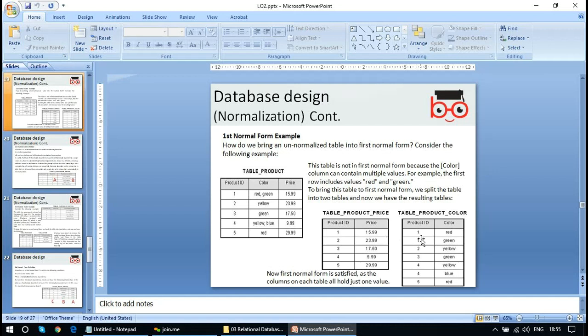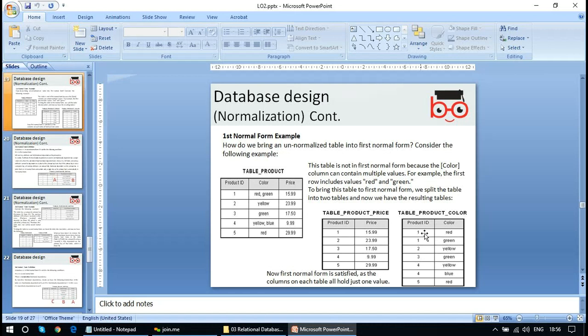Did you notice that they have used the product ID with two colors? One has got two colors. Programmatically, they could know that one product can have more than one color. And maybe product ID will not be a primary key.